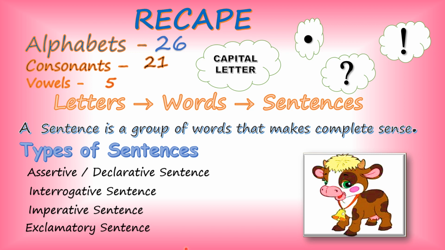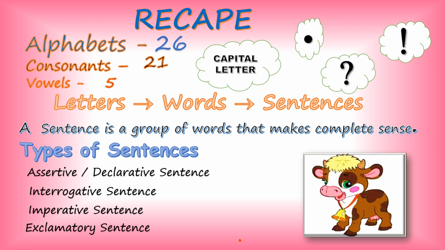Whenever we are showing a sudden feeling or strong emotions, whether it's happiness, anger, or sadness, we use an exclamation mark. Okay, children. So an exclamatory sentence always ends with an exclamation mark. Imperative and assertive sentences always end with a full stop, and an interrogative sentence always ends with a question mark. Is it clear, children?